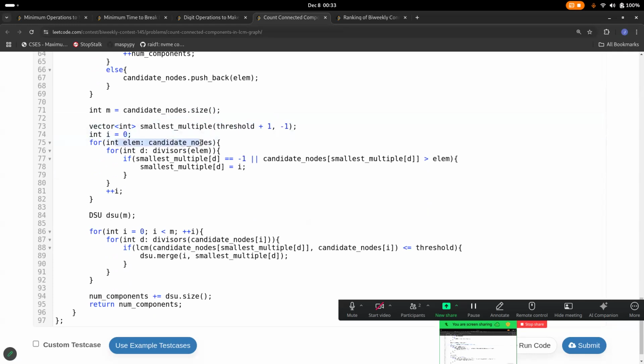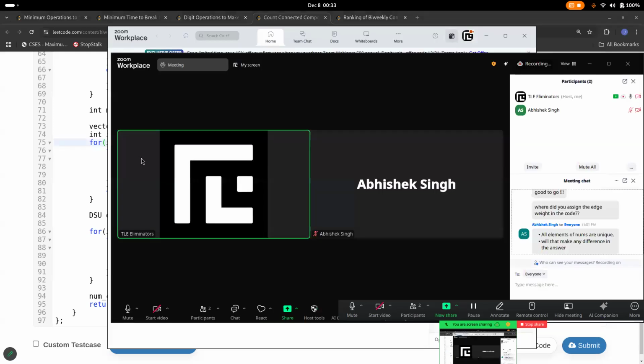We iterate over all the elements in the candidate nodes array, and iterate over all of its divisors. If the smallest multiple is -1, or if the smallest multiple is greater than this element, then we set it to i. Basically, this whole for loop is what we have done over here.